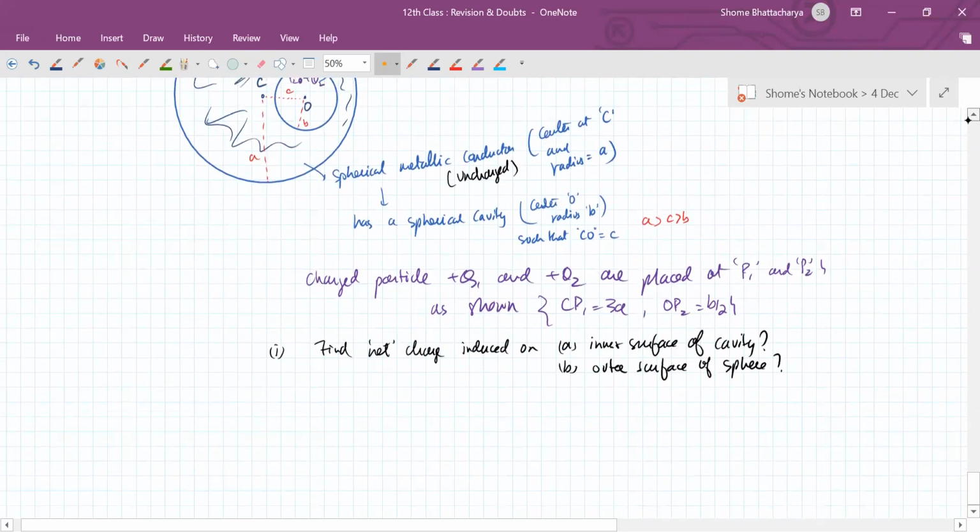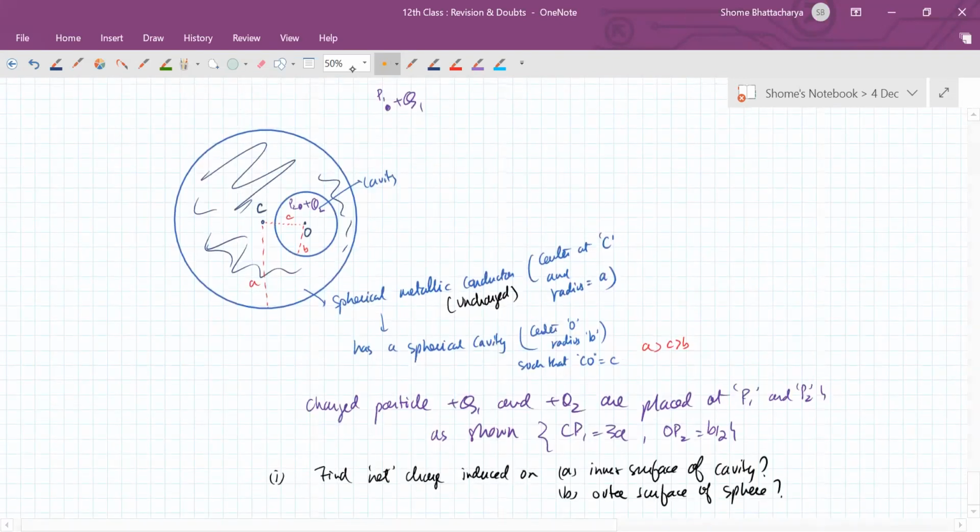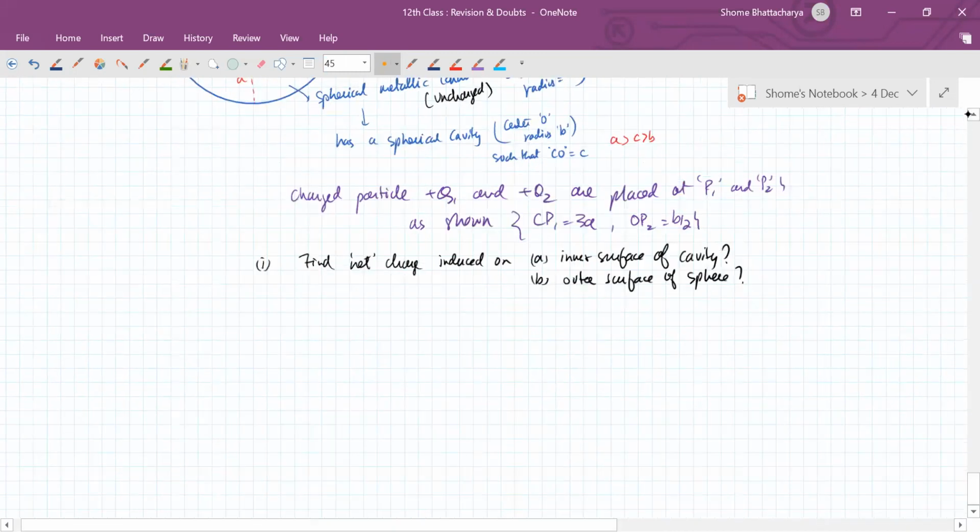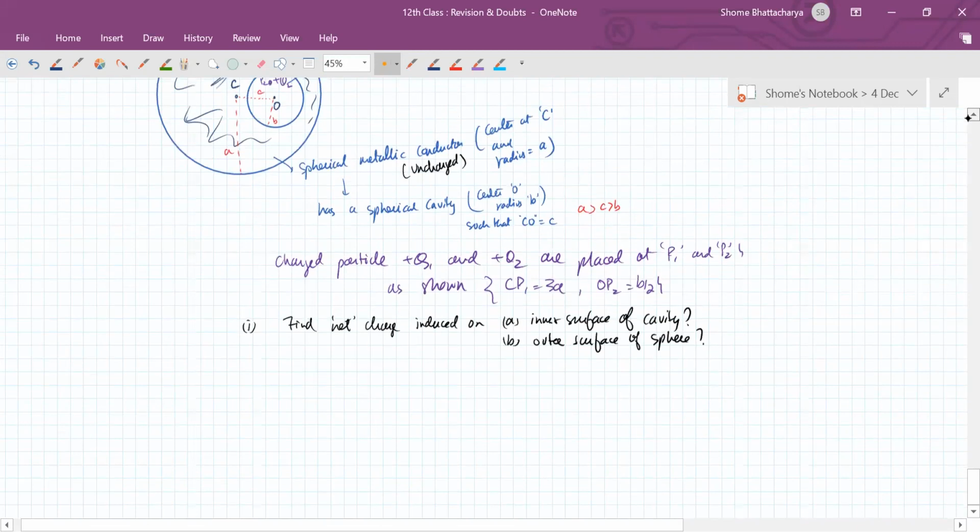That's one thing. And next, what we have to calculate here is the potential of the metallic conductor. What will be the electric potential of the metallic conductor?